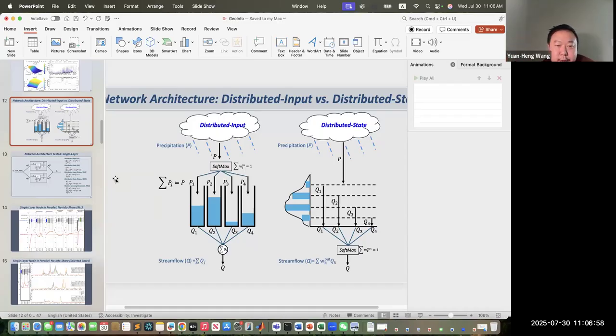So I just conceptualize hundreds of architectures to see which one works the best. But if you have, say, distributed streamflow data, then maybe we can know how to put one node in the upstream, three nodes in the middle, things like that.